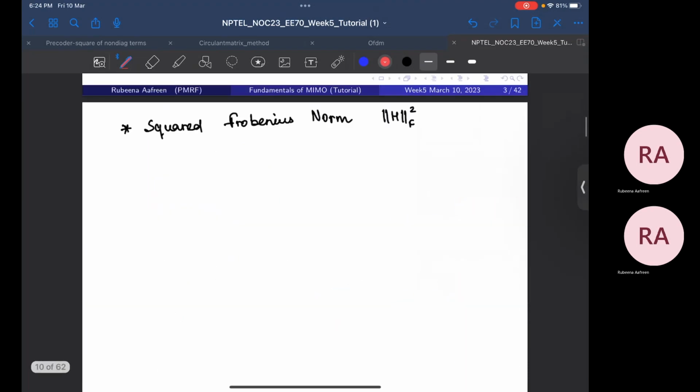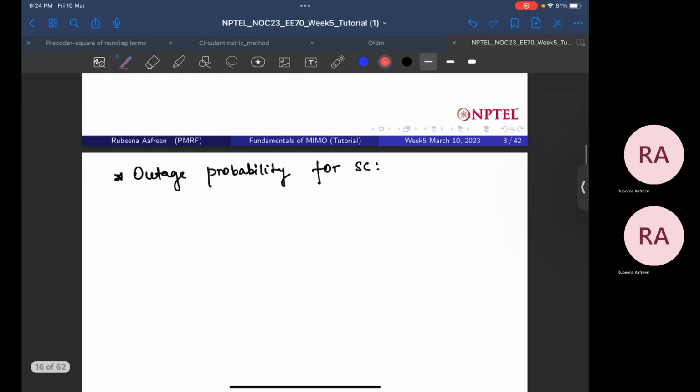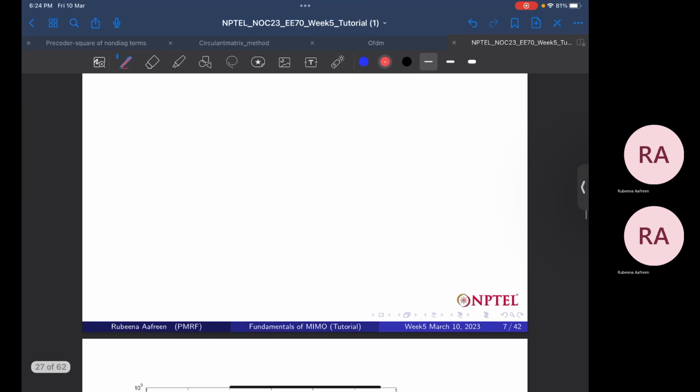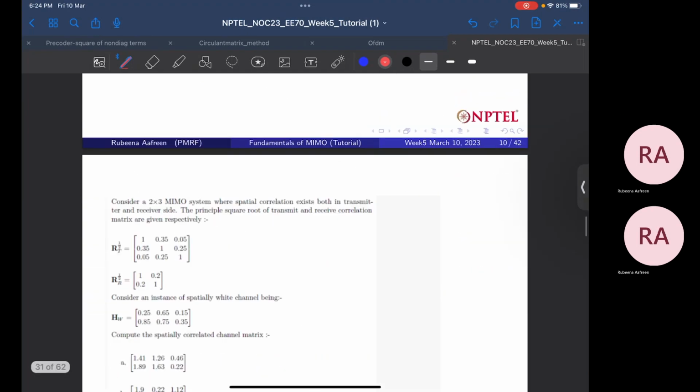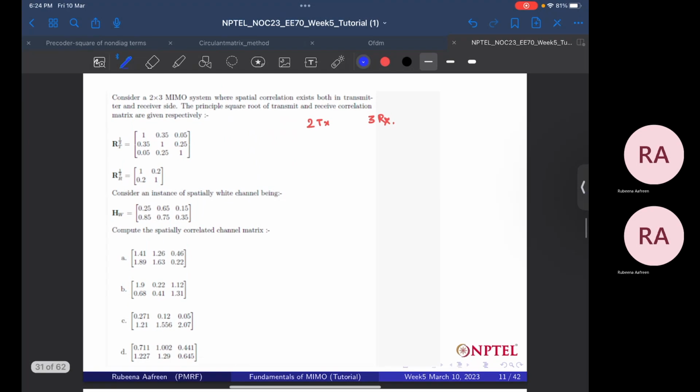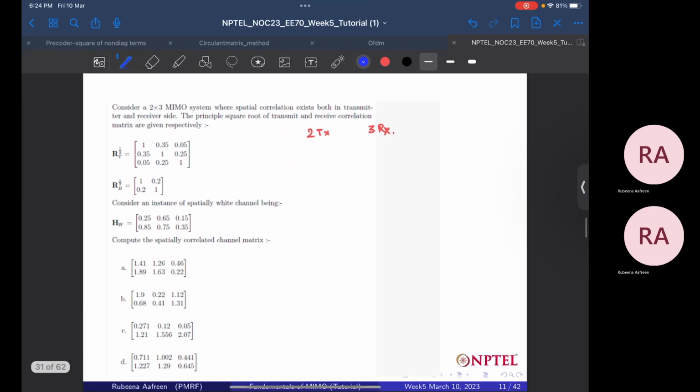But I guess we can take a question first. So you see this question. Here a 2 by 3 MIMO system model is given. 2 by 3 MIMO means 2 transmitters and 3 receivers, right? Then on the basis of this information, what would be the size of the channel matrix HW, the spatially white channel matrix?